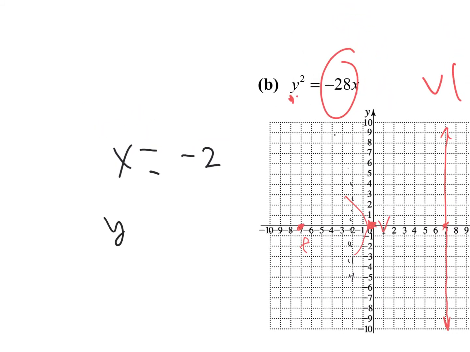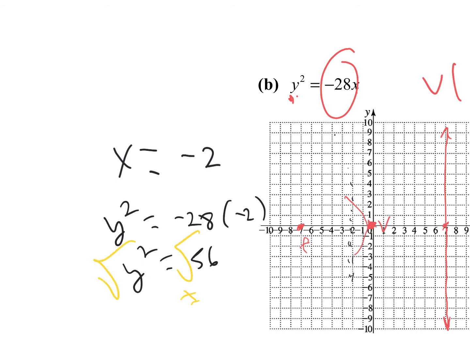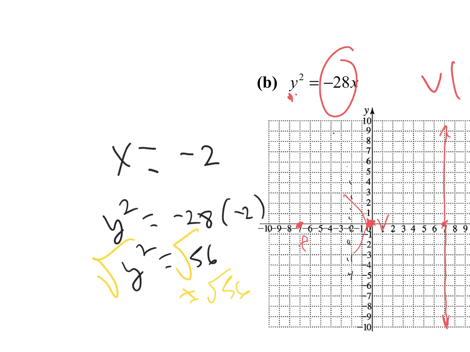So y squared will equal negative 28 times negative 2. y squared would be a positive 56. Well, unfortunately, that's not very pretty. Because when I take the square root of both sides, I have plus or minus square root of 56.